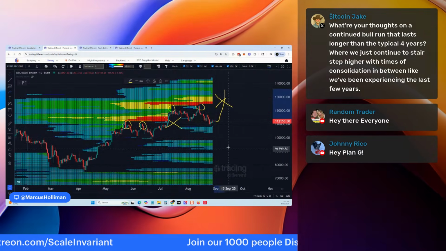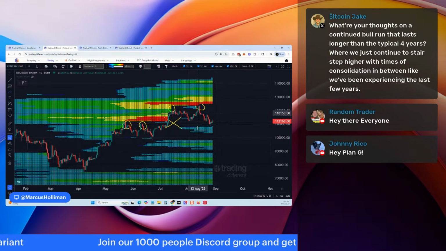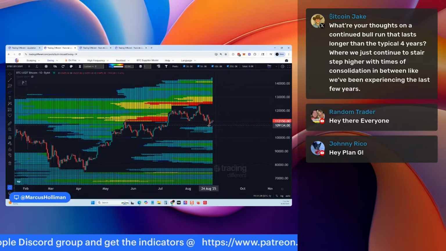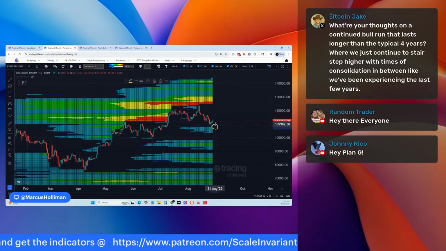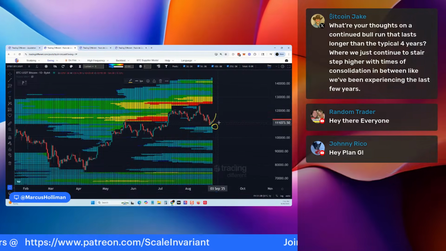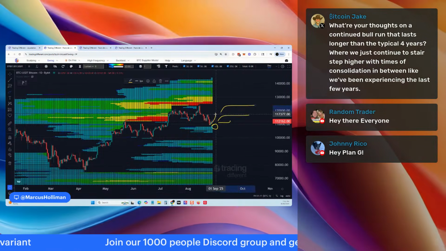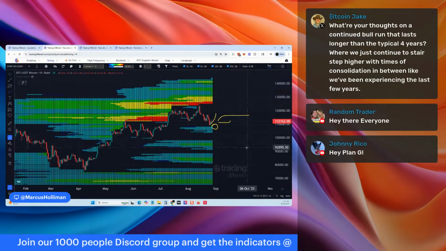So we're setting up for that. I'm very confident because I'm seeing that the market makers are showing their hand by not addressing this liquidity here. So as we begin to move away from it, this liquidity will continue to be untapped. And that gives me the confirmation I'm looking for.